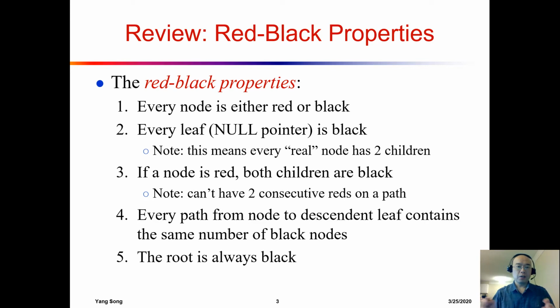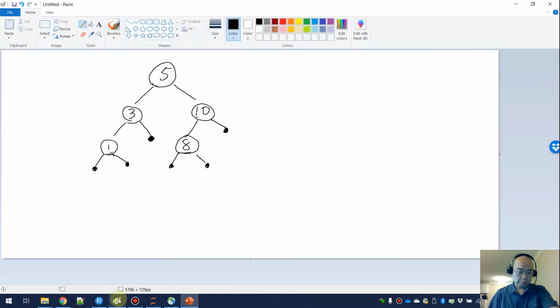Property number 2 says all the null pointers are black, right? For example, if 8 is red, and both of the children are black, that is true.